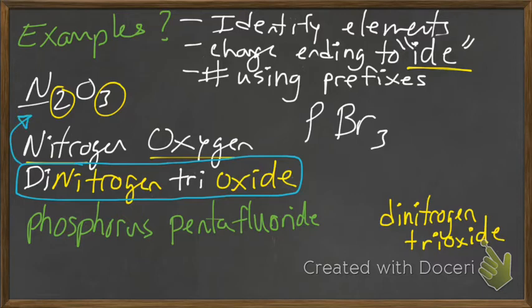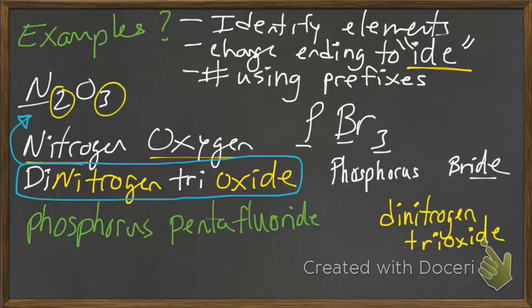Now if I look at PBr3, using my periodic table, I'm going to find my P. It's not potassium, that's actually K, it's phosphorus. And Br is bromine, but it will be bromide.